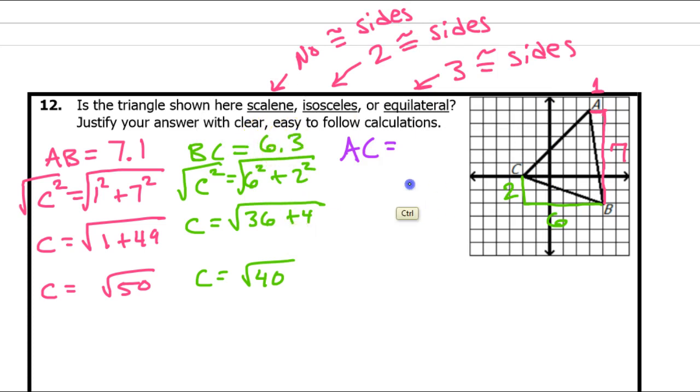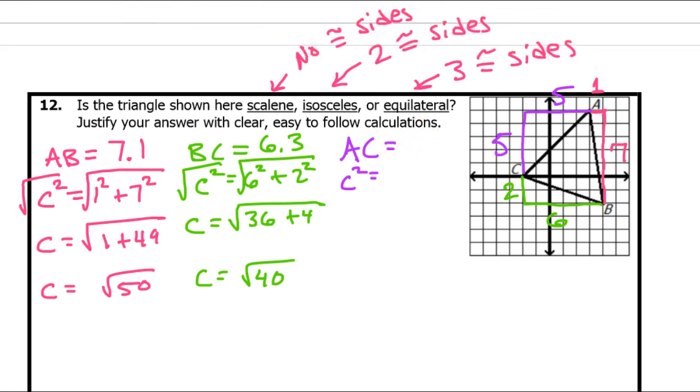And finally, AC. Again, we will make a right triangle that has AC for a hypotenuse. So I see a vertical change of 5 and a horizontal change of also 5. So in this case, c squared is going to equal, whoops, it's not time for the square root just yet.